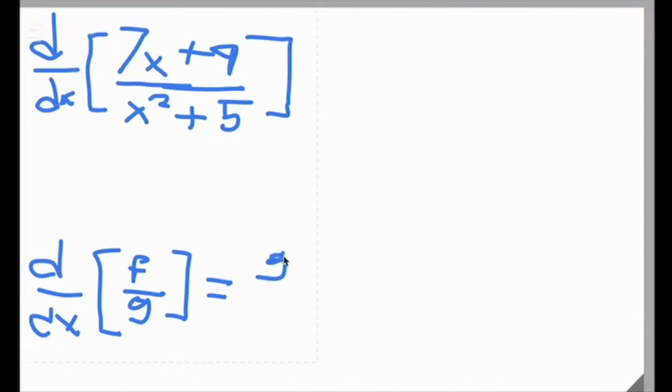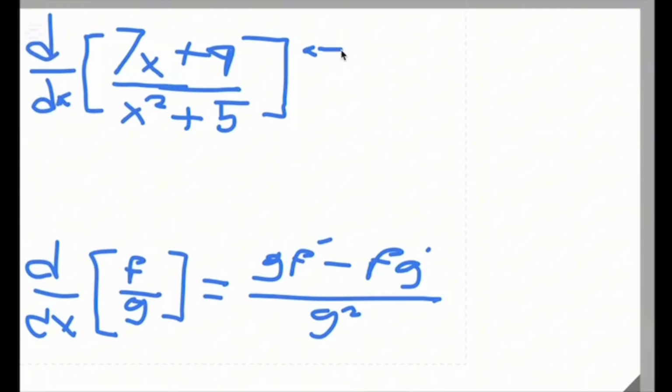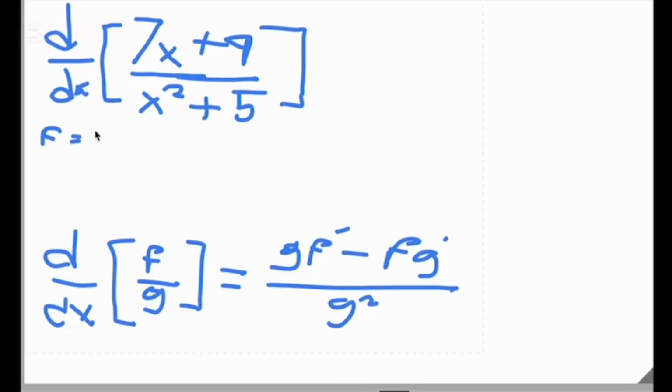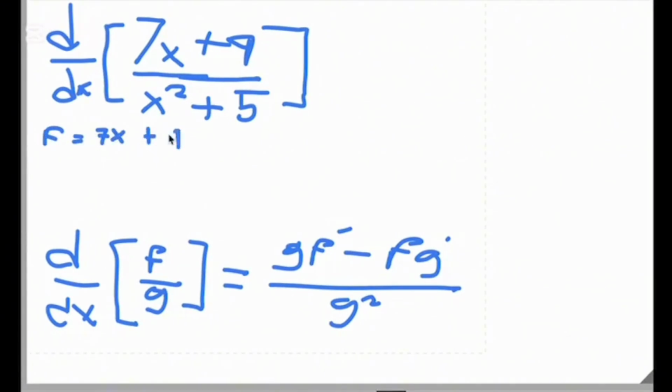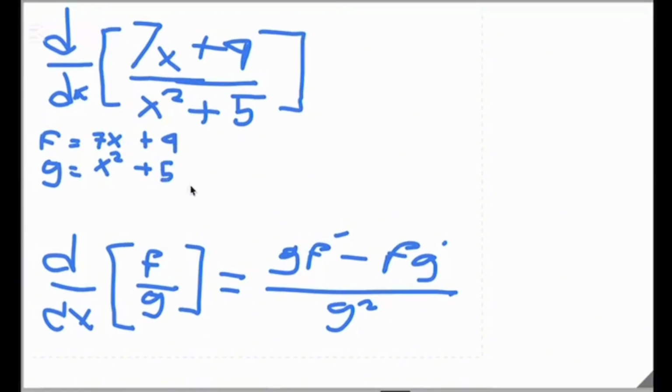The derivative of f over g is equal to g times f prime minus f times g prime, over g squared. So f is the numerator of the fraction and g is the denominator. So f is equal to 7x plus 4 and g is equal to x squared plus 5.